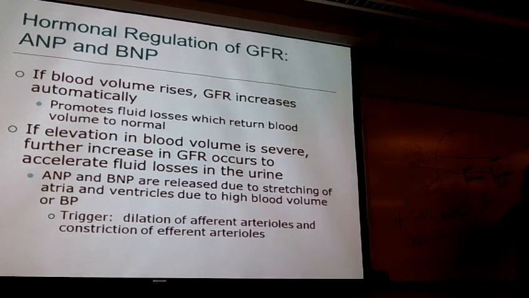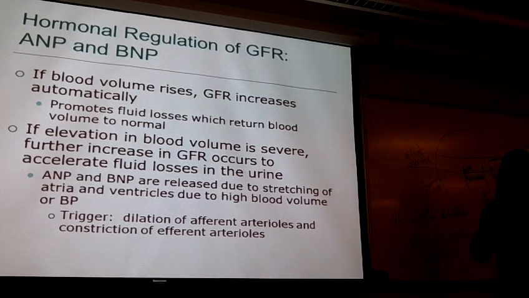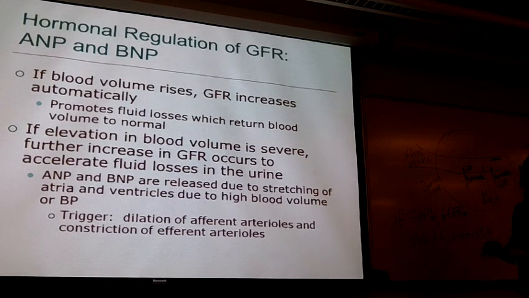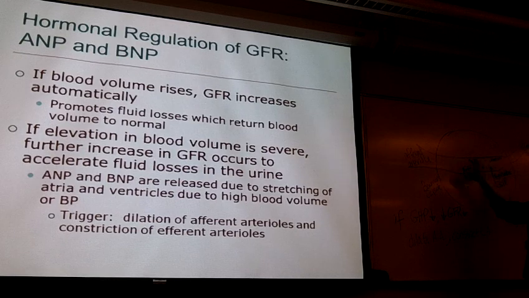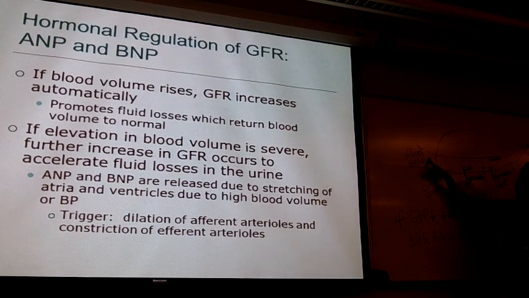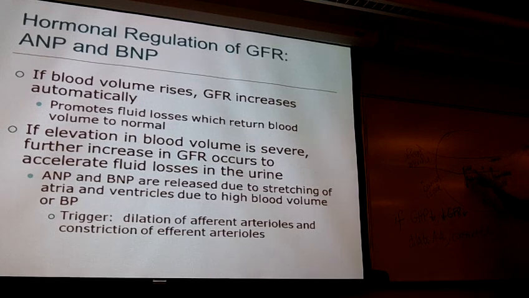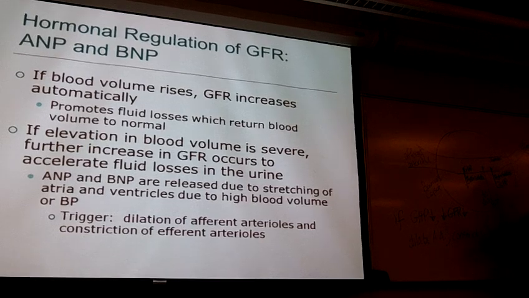So they can do what we just talked about, decreasing how much water gets reabsorbed to help decrease blood pressure. They can also work down here, causing dilation of the afferent arteriole, constriction of the efferent arteriole. Now, what would that do to our glomerular hydrostatic pressure? It would increase it, right? We'd ramp it up.